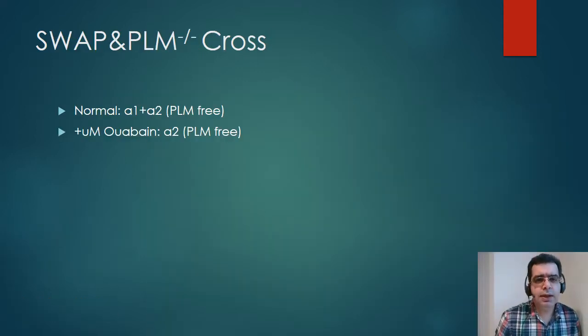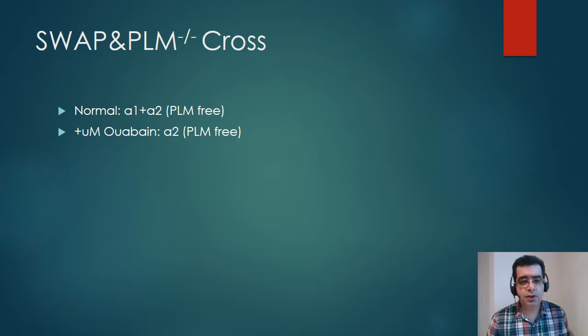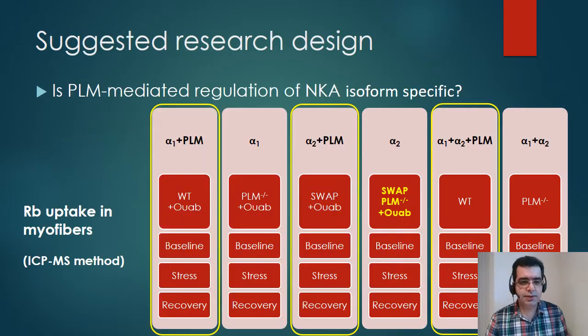I also suggested creation of a new mouse model by crossing SWAP and phospholemman knockout, which turned out it may take much longer time than I would have thought, but that's fine. We can do without it, hopefully.